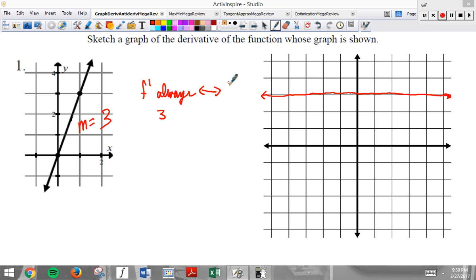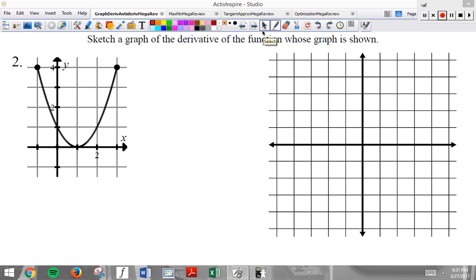That means the y coordinate of the f prime graph is always 3, which is that kind of graph. It's that easy, folks. F prime's easy peasy.